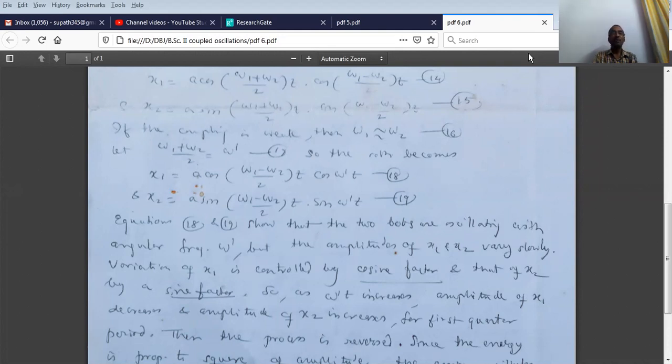If the coupling is weak, then omega 1 is nearly equal to omega 2. This is equation number 16.